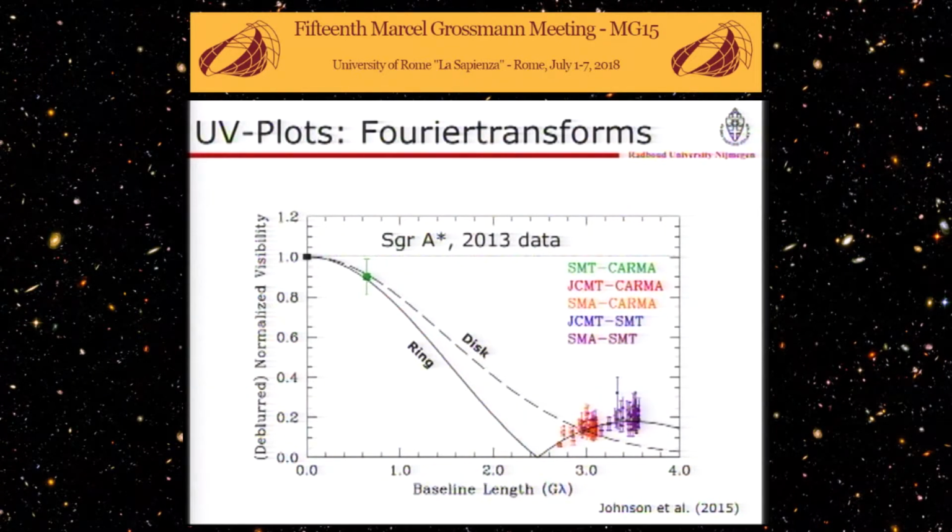These are longer baselines, different telescope combinations with the 3-element array. There's a short baseline and then a long baseline. What you see here is a Fourier transform of a Gaussian disk. The Fourier transform of a Gaussian is a Gaussian, so that is easy. If you have a ring, what you hope to see at some point is a null.